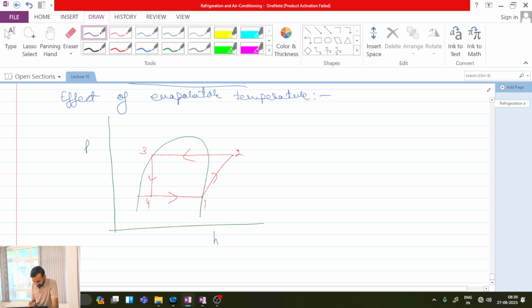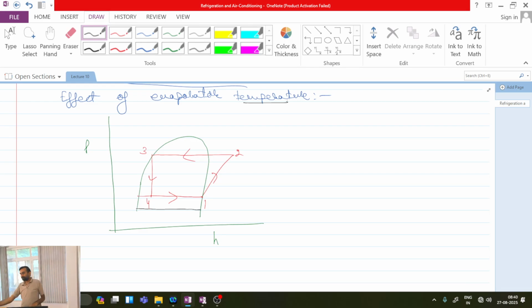If I decrease the evaporator temperature, then I have to go to a point somewhere below T1. Is this point clear? Now, if I am going here, along with the decrease in evaporator temperature, the evaporator pressure will also be decreasing. So whatever effect I am explaining for the temperature of the evaporator, the same will be applicable even for the pressure of the evaporator.